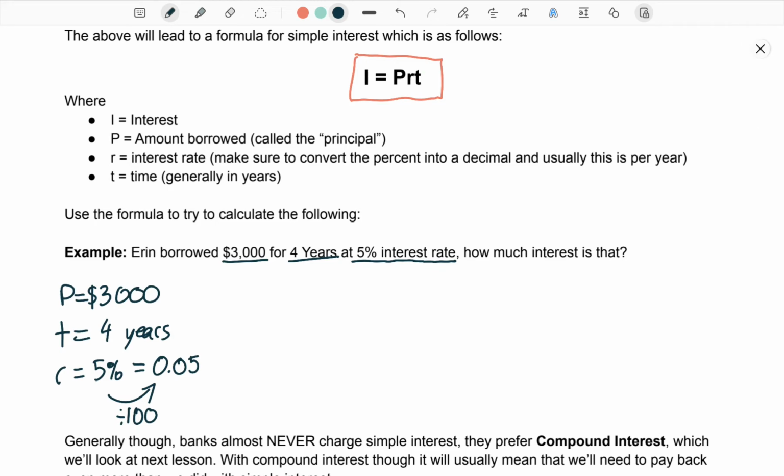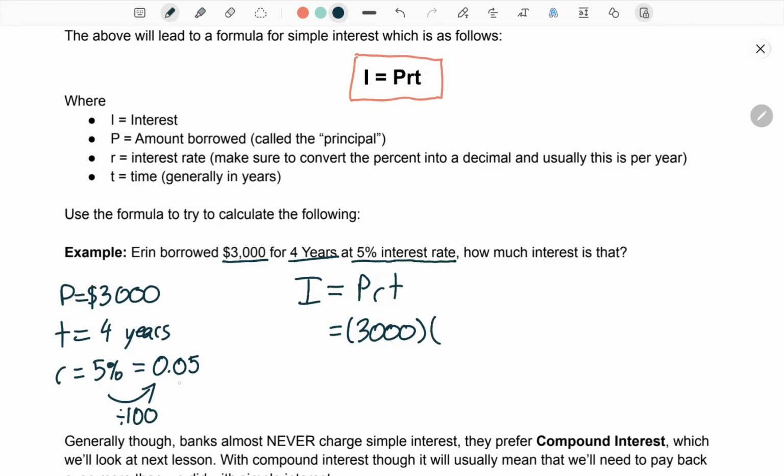All right. So if we want to use this formula, I equals PRT, what it's basically saying is these three values here are all being multiplied together. So we're taking P, which is 3,000. I'll write it in brackets so that we're multiplying it.